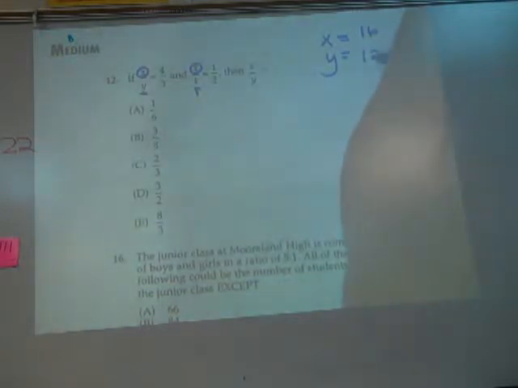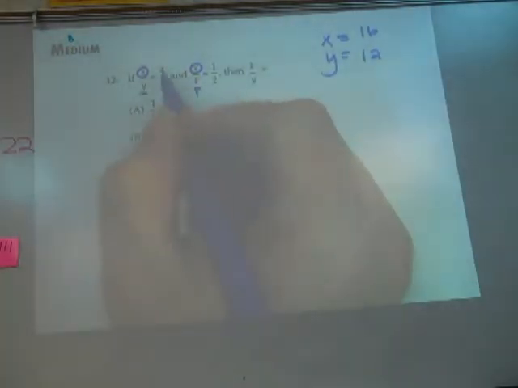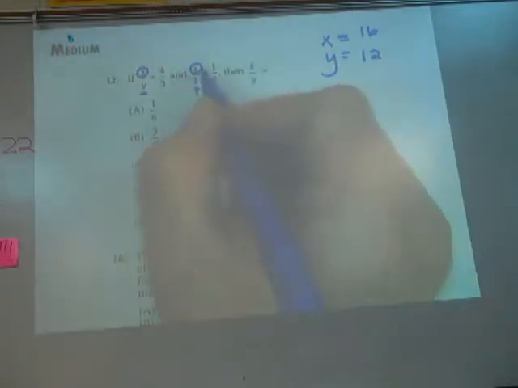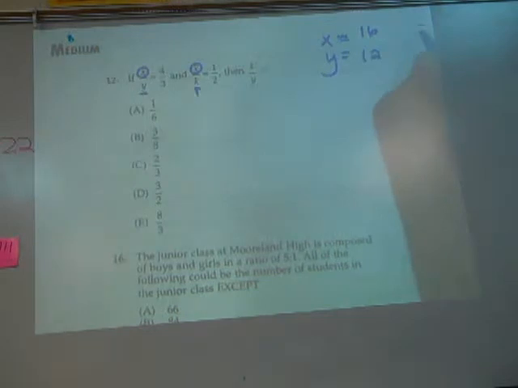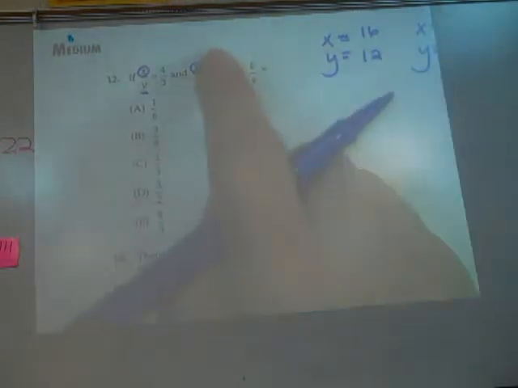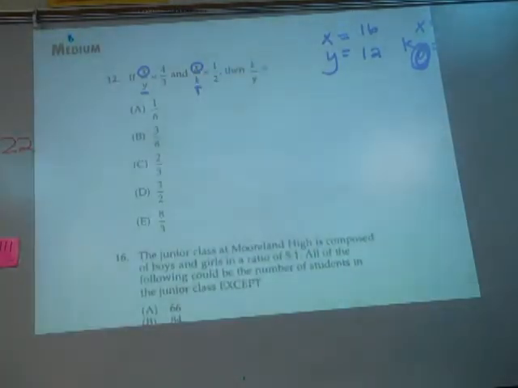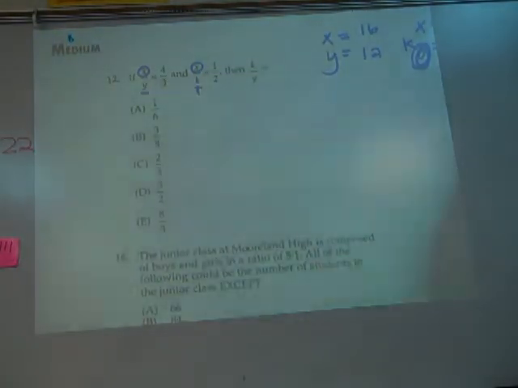If x is 16 and y is 12, that would reduce to 4/3. So now when I come over here, x still has to be 16, so what does k have to be in order for this to reduce to 1/2? 32. K, I'm sorry, not y. K would have to be 32, so that 16 over 32 would be 1/2.